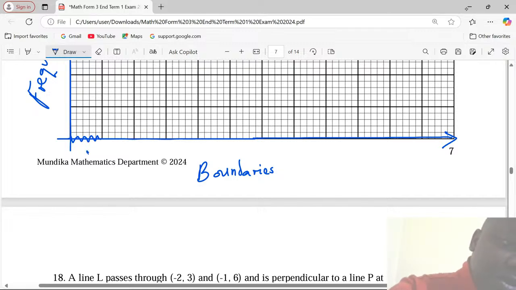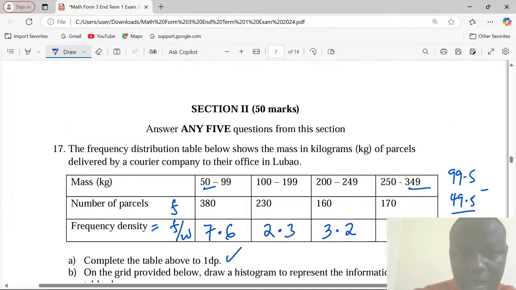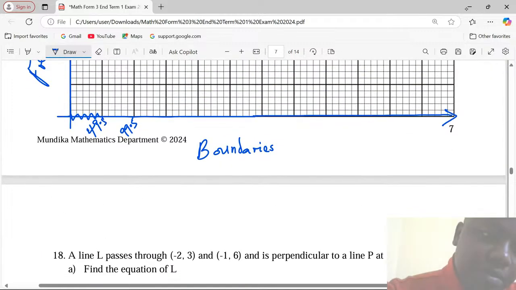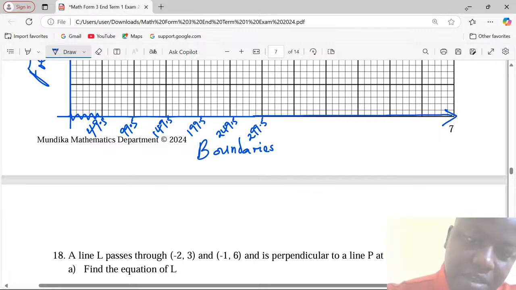So it will be 49.5. Then after that, I can talk about 99.5. Then let me check. Yeah, 99.5. Then we talk about 149.5, 199.5, 249.5, 299.5.